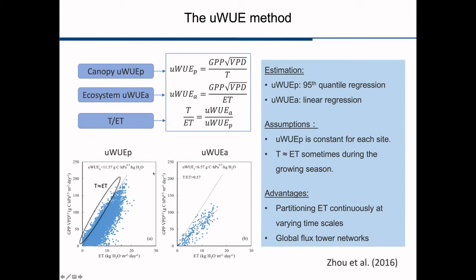This uWUE method is very simple, with only one parameter, uWUEp. If uWUEp is estimated accurately, the uWUE method can be used to partition ET into transpiration and evaporation continuously at varying time scales using flux tower observations.